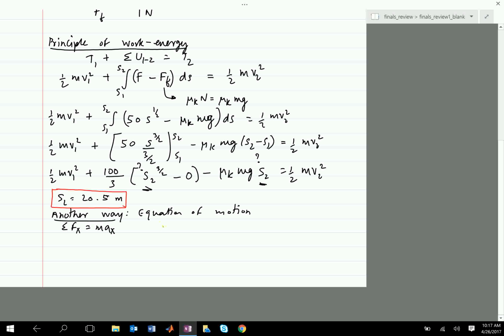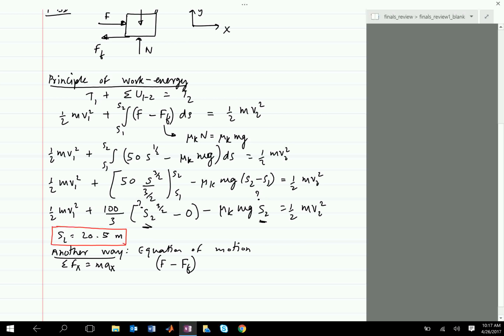The net force is F minus Ff. As you can see here, F minus Ff equals mass times acceleration.